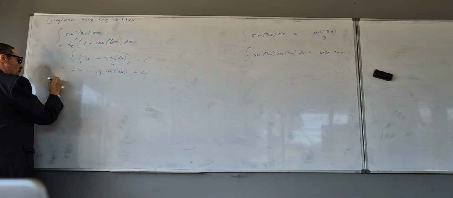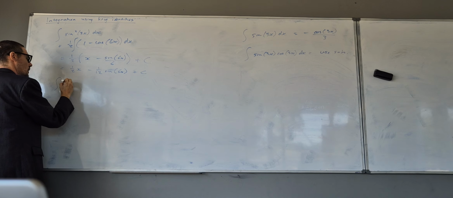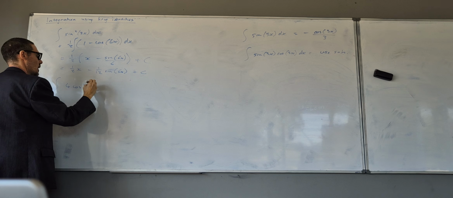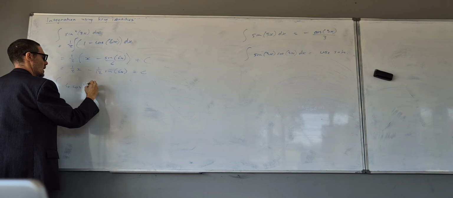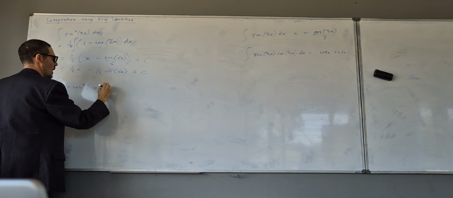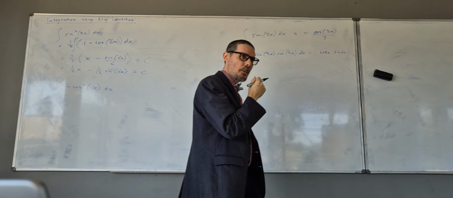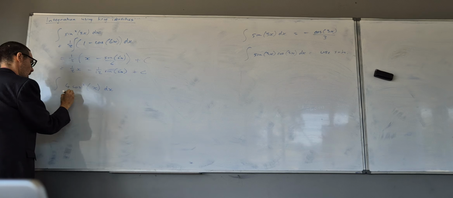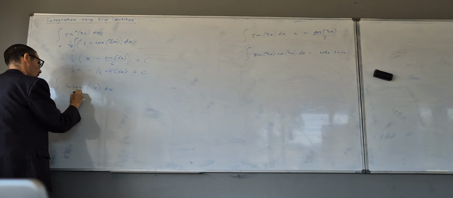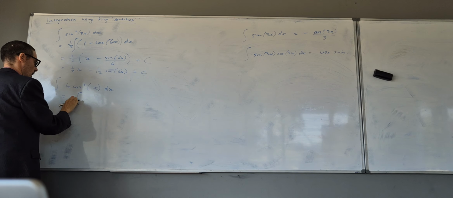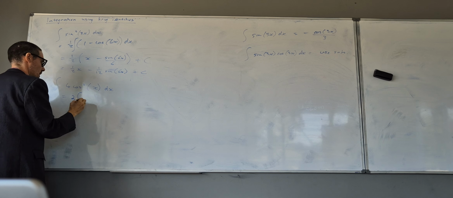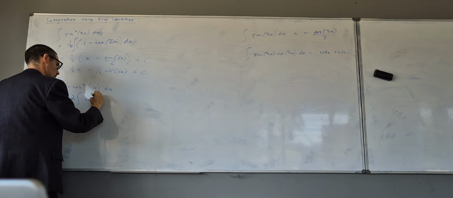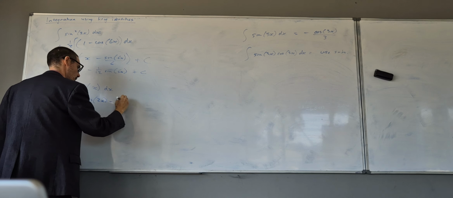Let me give you another one. I'll keep it simple. Go. No, half of 4 is 2. Integral of cos 2x minus 1.